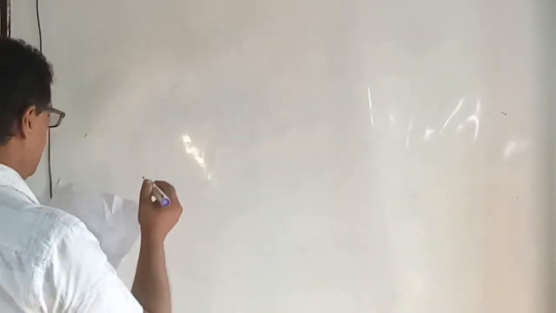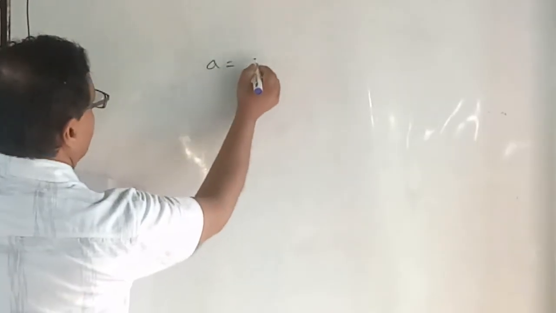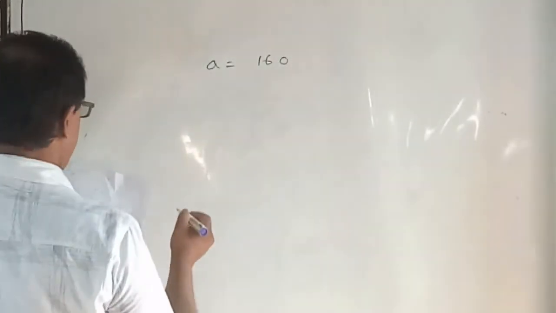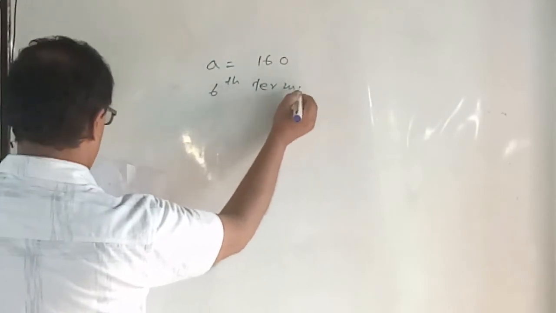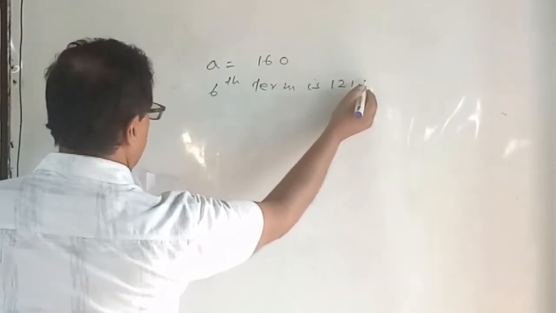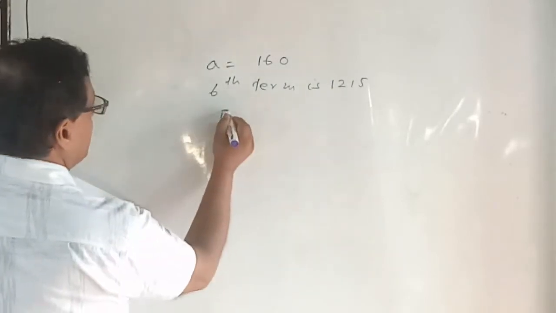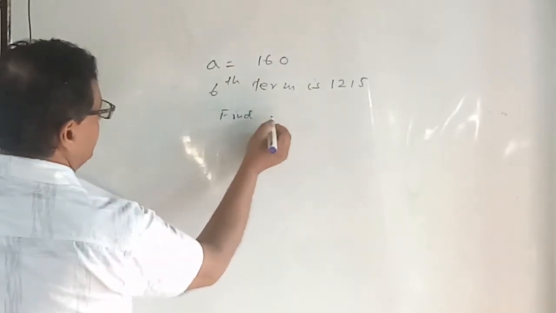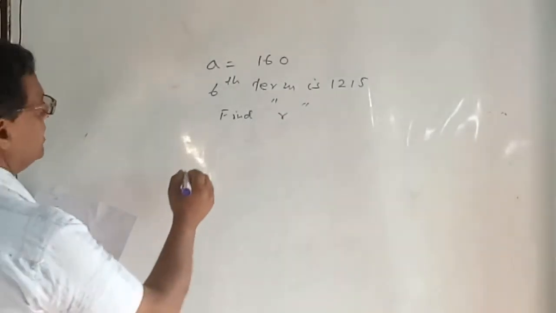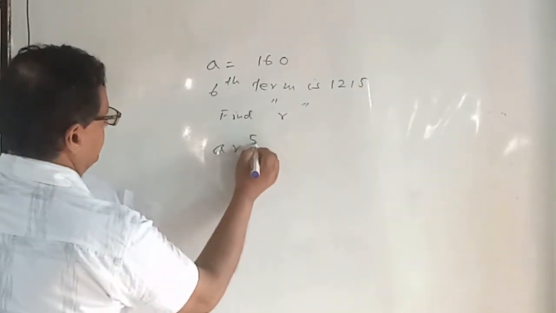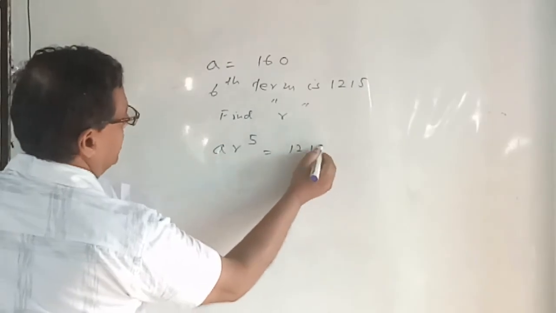I hope you have understood that. Other example: in a GP, the first term is 160 and the sixth term is 1215. Find the common ratio, find r. Now the sixth term is ar to the power 5, that is 1215.